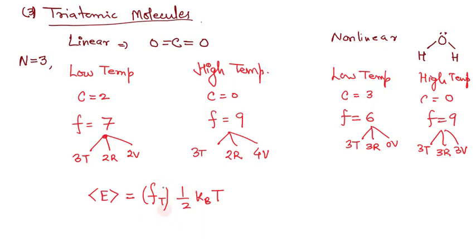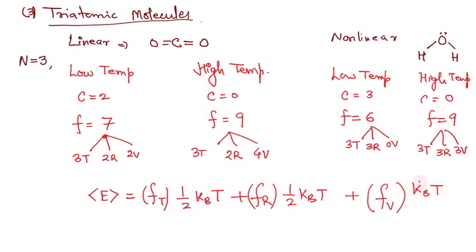So you have the total number of translational degrees of freedom with this translational energy, plus rotational with this rotational energy, which is also half kBT. For vibrational there is a twist: there is no factor of half, it will be kBT.